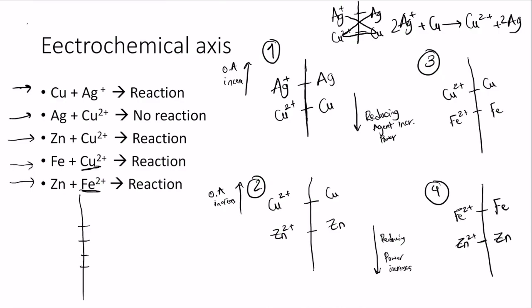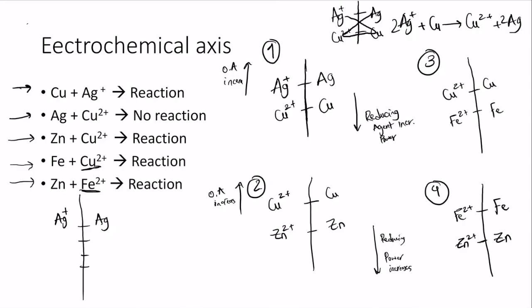So we have these four sub electrochemical axes. We need to combine them in one big electrochemical axis. So it's obvious that Ag+ has the strongest. Let's look here.